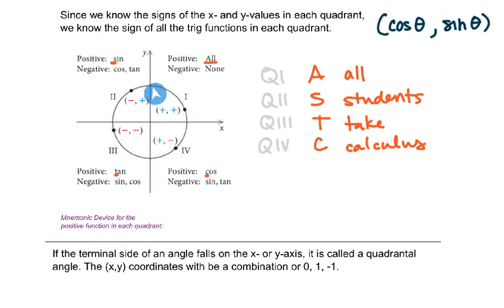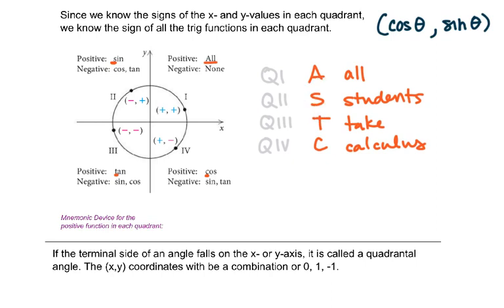So all my trig functions are going to be positive if I'm dealing in quadrant 1. Sine is the only trig function that will be positive in quadrant 2. Reciprocal to sine, we also know we would have cosecant. Tangent and cotangent would be positive in quadrant 3. Cosine and secant would be positive in quadrant 4.